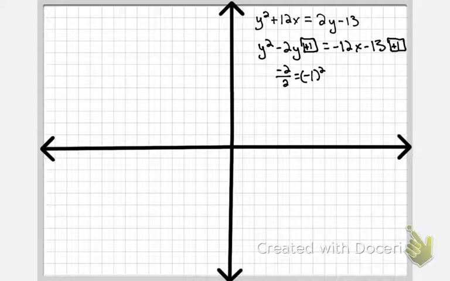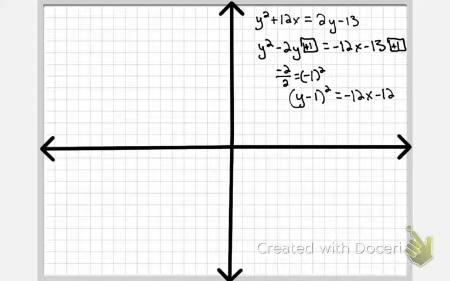So now I will have y minus 1 squared equals -12x minus 12. Remember our next step is to take out our GCF from there.